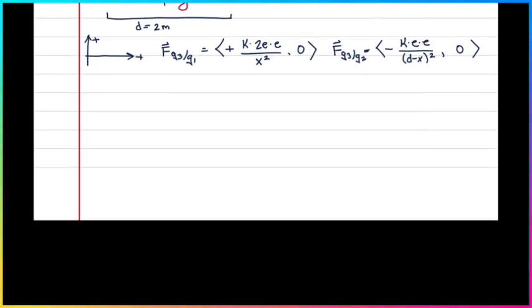So at the end of the day, the sum of the forces is 2k e squared over x squared minus k e squared over (d minus x) squared. And that is equal to the mass of q3 times the acceleration of q3.